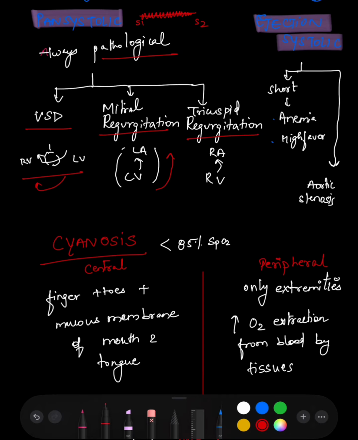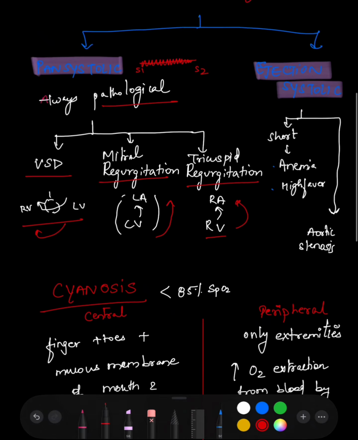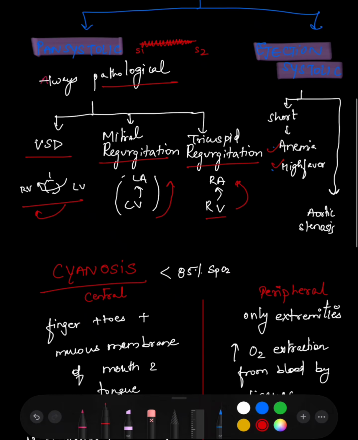And tricuspid regurgitation is when blood goes from the right ventricle towards the right atrium. So this was pansystolic. Now the ejection systolic murmurs are also heard if there is anemia or high fever present. And in the pathological view, in aortic stenosis, we can find the ejection systolic murmur.